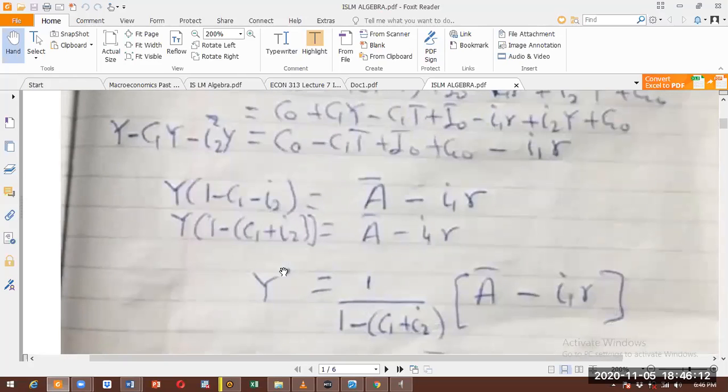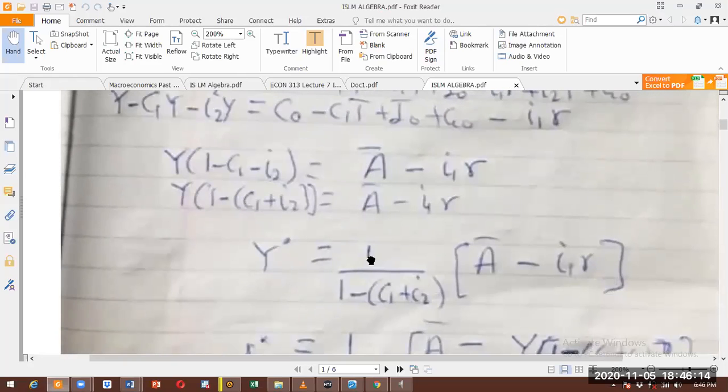So if you want to get your Y star, you just divide through by 1 minus C1 plus I2. But just know that if there was a marginal tax rate, then the denominator here was going to change, depending on how the question is.